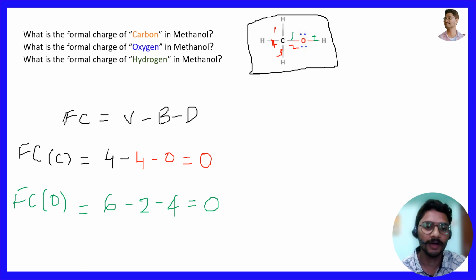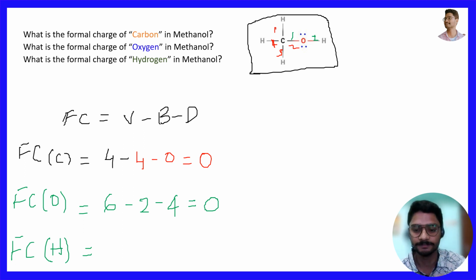Now let's find out the formal charge of hydrogen, because the question says we have to find the formal charge of hydrogen in methanol. When we see the valency of hydrogen, the valency of hydrogen is 1. And now we have to subtract the total number of bonds that hydrogen is attached to.